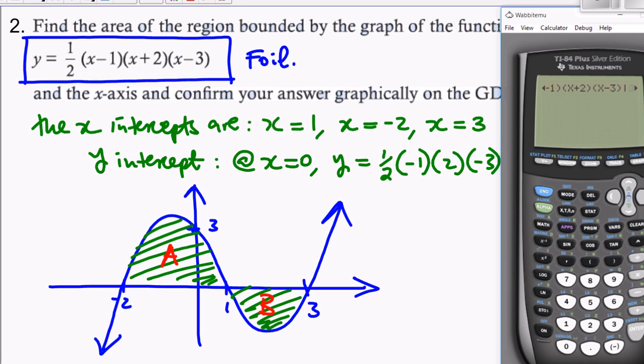And we are integrating with respect to x. Don't forget that. Now, if you press enter, it takes a while, we end up with the same answer, 10.5.